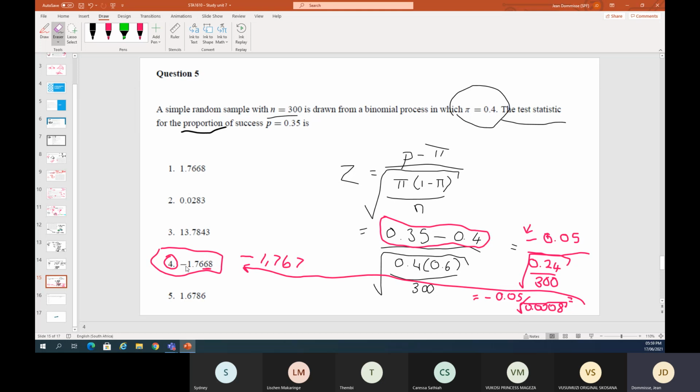The other thing I would have looked at is that I've got a negative and the same number as a positive.